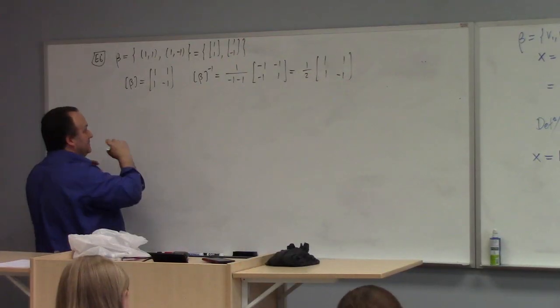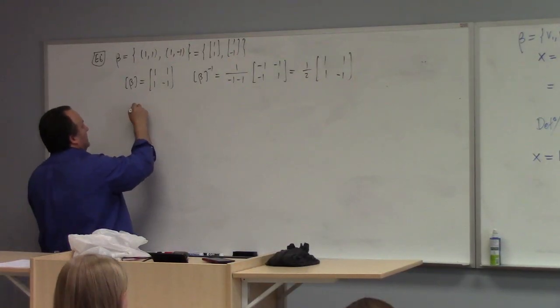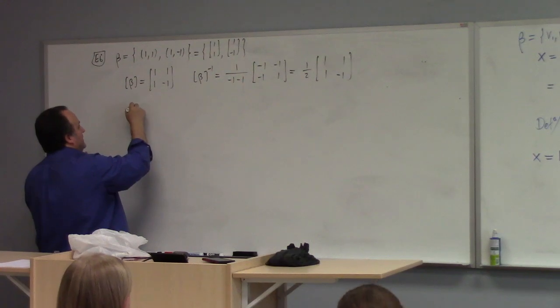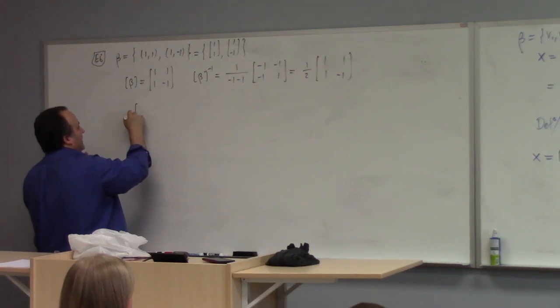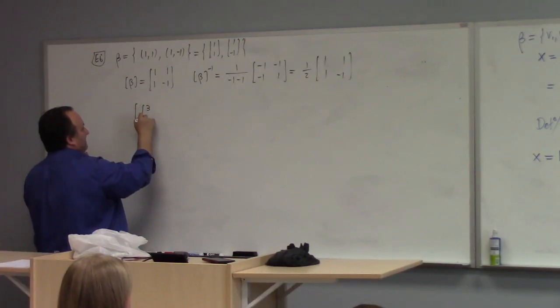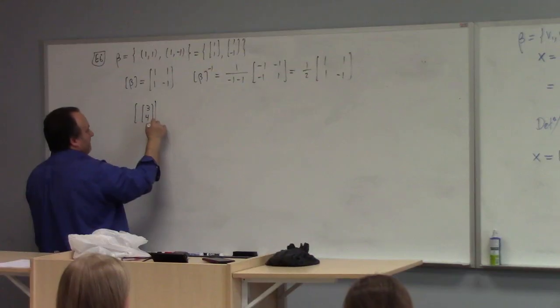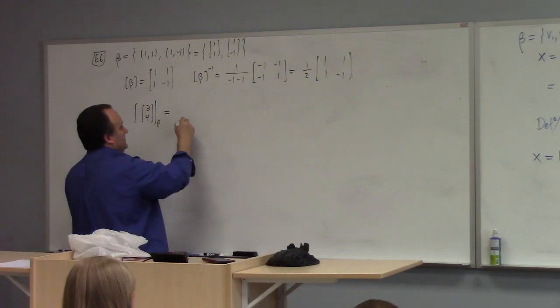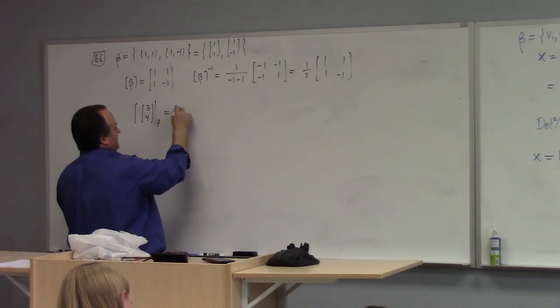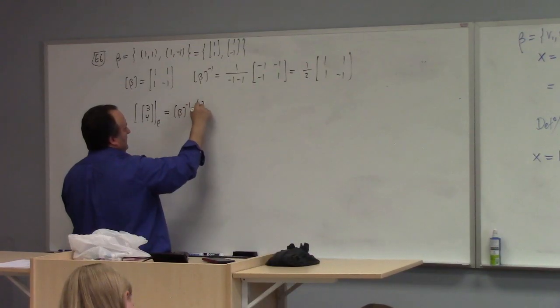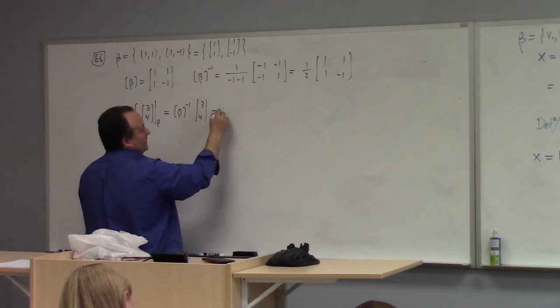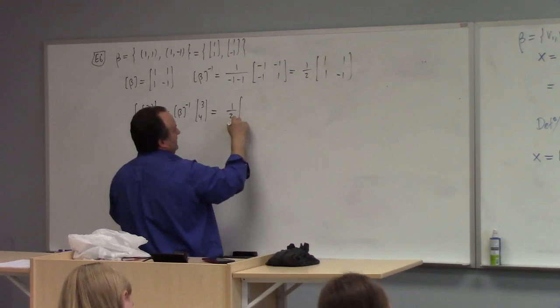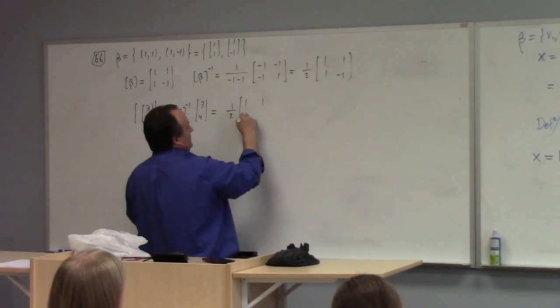So if I calculate the coordinate vector of, let's say, 3, 4, what would it be? I do the basis matrix inverse times this 3, 4 vector, right? Which in this case is like 1/2, 1, 1, 1 minus 1.